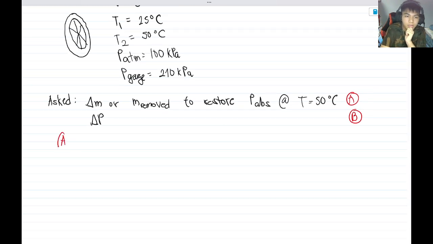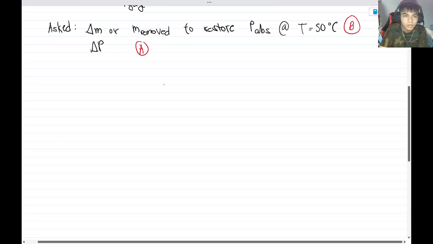So part A, let's change this, since we can solve this first, actually. This is A, this is B. So here, let's solve.